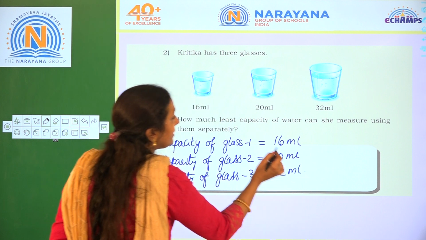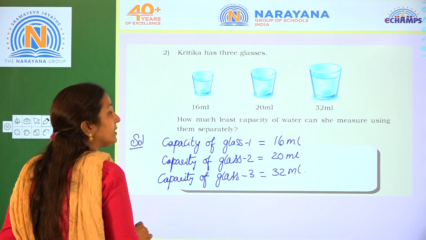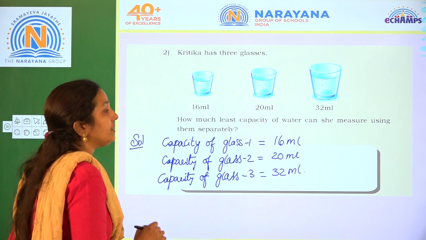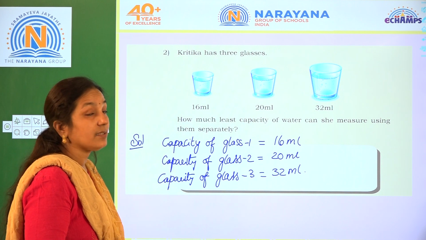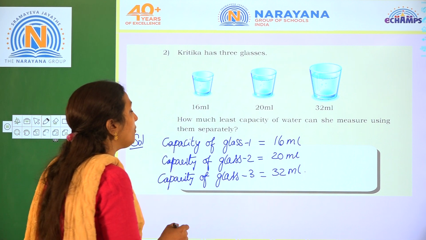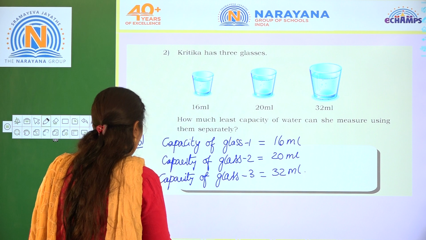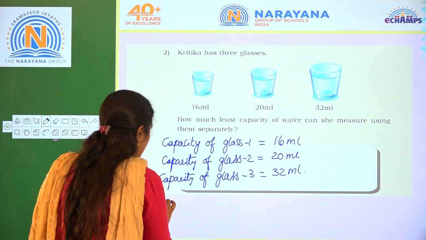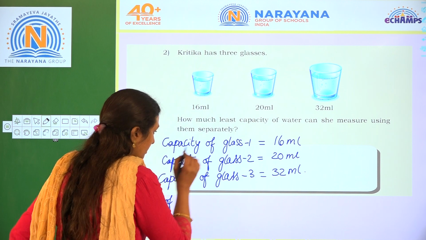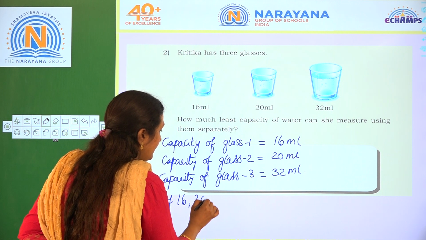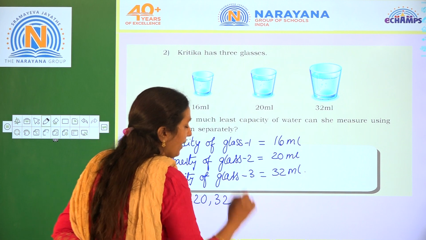We have to find the least capacity of water she can measure. So we have to find the LCM of the capacities of these 3 glasses. So the LCM of 16, 20 and 32 we have to find.